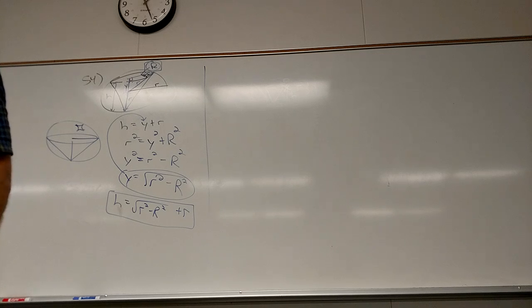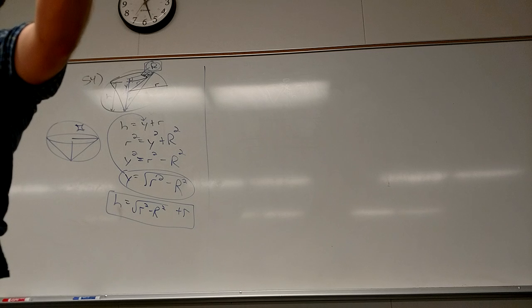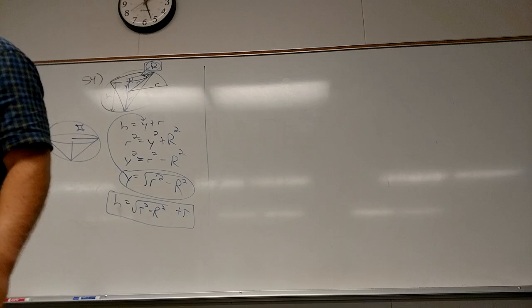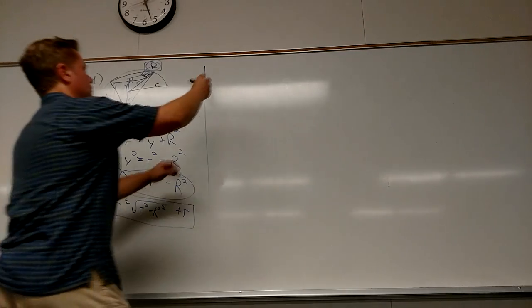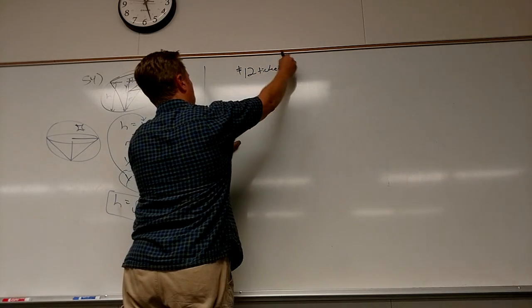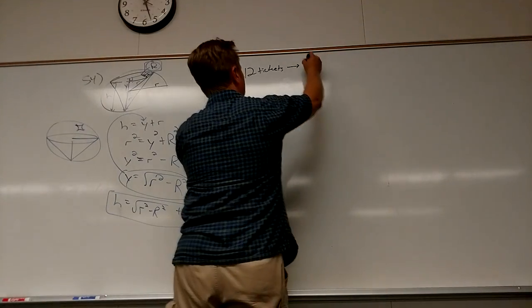So let's see, a hockey team, capacity of 15,000 people, that's the most you can fit. So if it turns out you need 16,000 people to make the most money, well then you just live with 15,000. With the ticket price set at 12 bucks, so if I got $12 tickets, that leads to an attendance of 11,000.